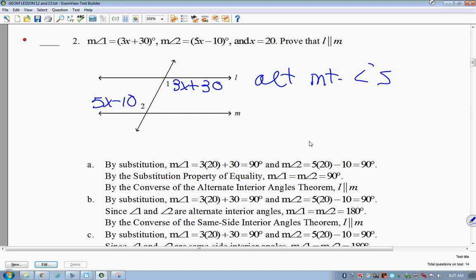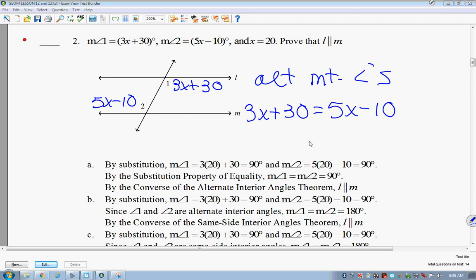If I'm going to prove that these lines are parallel, what do they have to be? They have to be equal to each other. So what am I going to do? Set them equal. 3x plus 30 equals 5x minus 10. Okay, now go about solving for x.